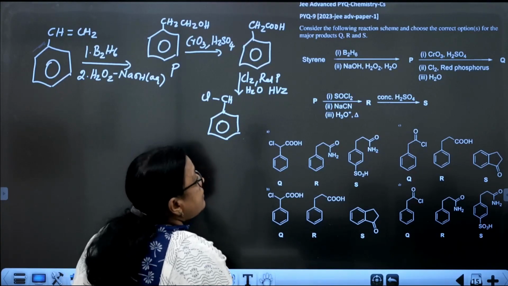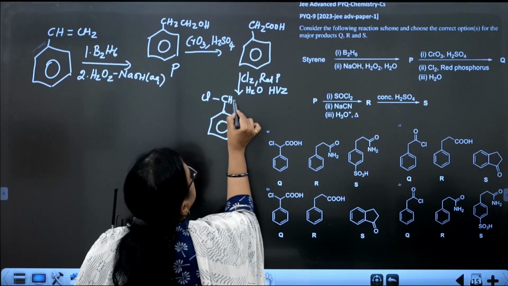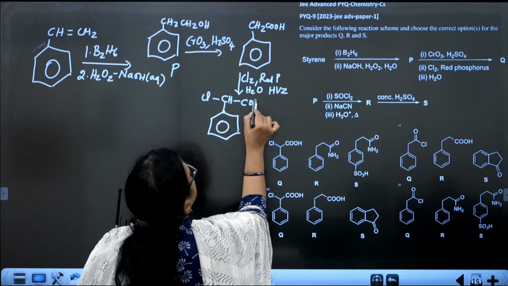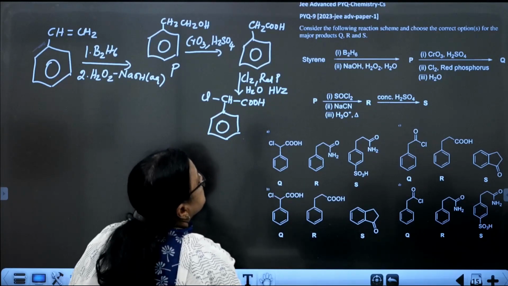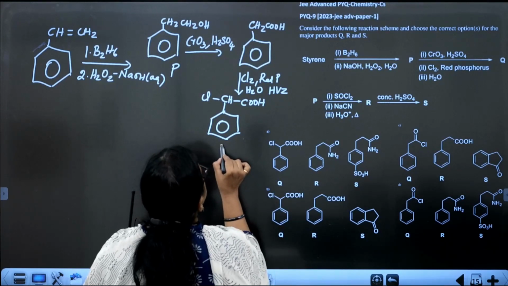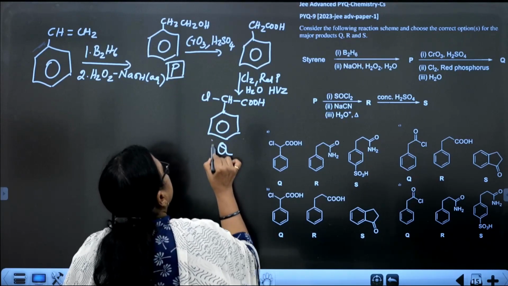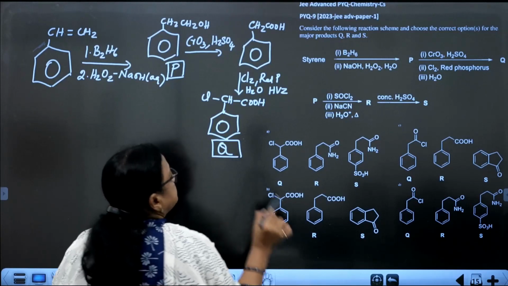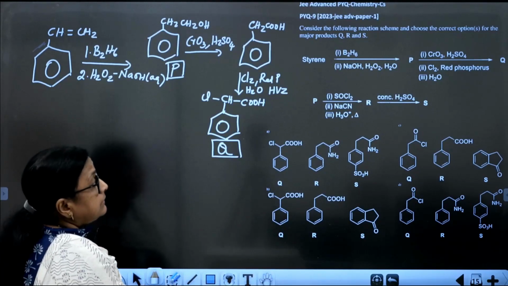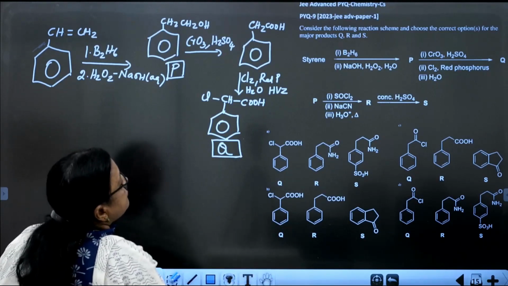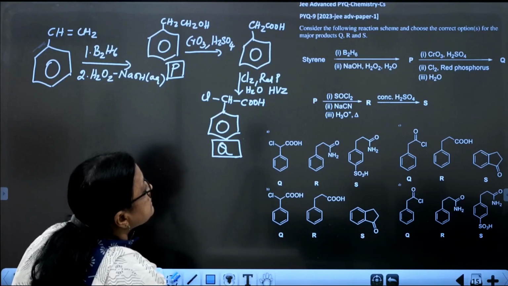So at the alpha position Cl substitutes H and you get alpha halogenated acid, and this is Q. So we have P here, we have Q here. Q is alpha halo carboxylic acid.